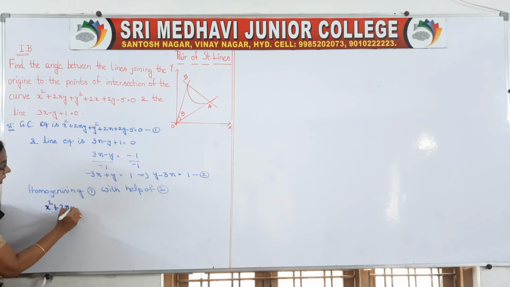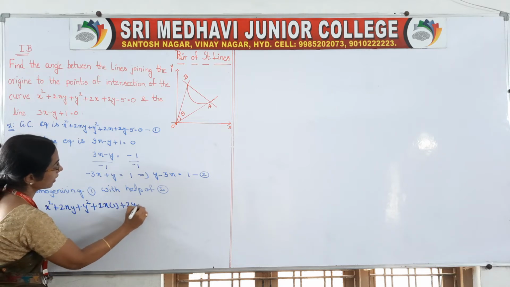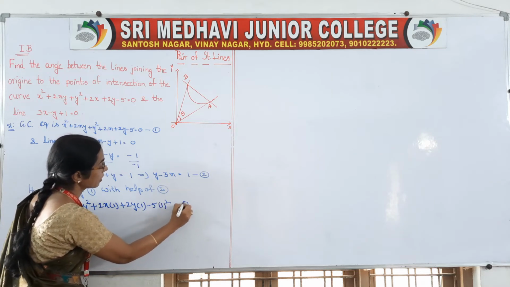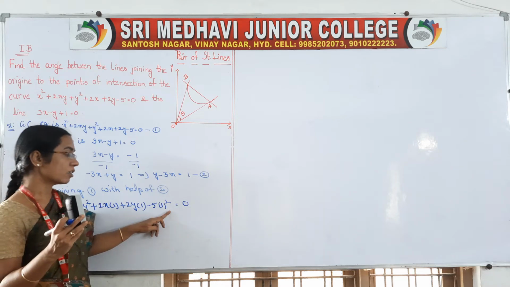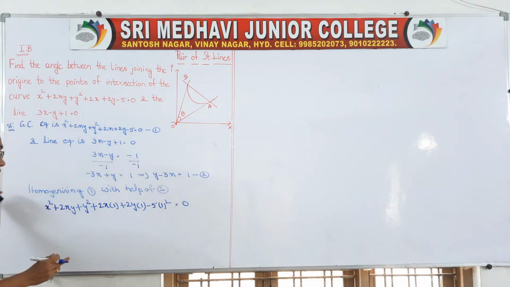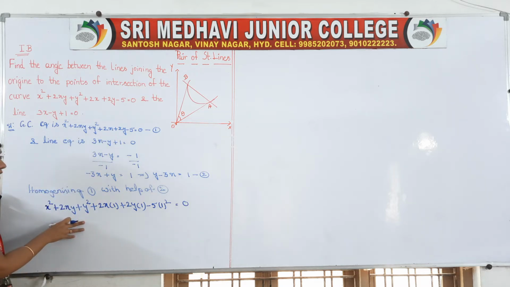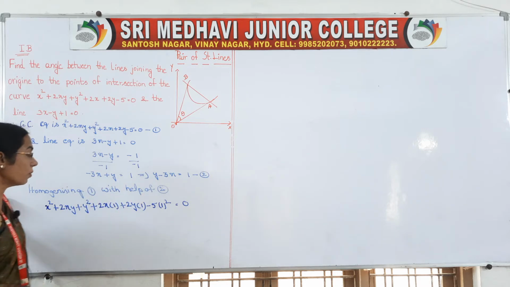Next, 2xy remains as it is, plus y square plus 2x into 1 plus 2y into 1 minus 5 into 1 square is equal to 0. X term into 1, y term into 1, constant term into 1 square we have to take while doing the homogenization. First you take the first 3 terms of the curve as it is, then x term into 1, y term into 1 and constant term into 1 square.